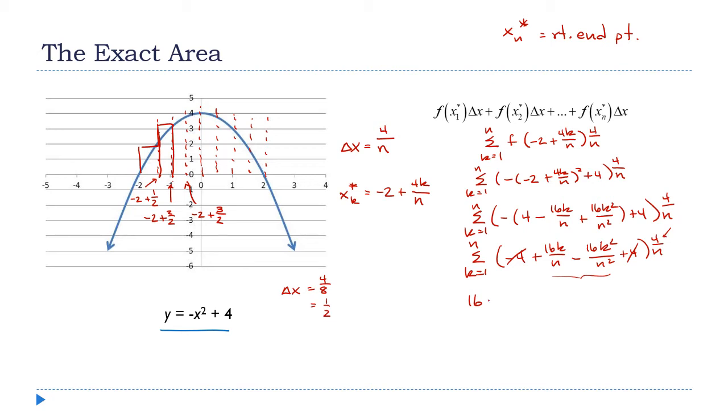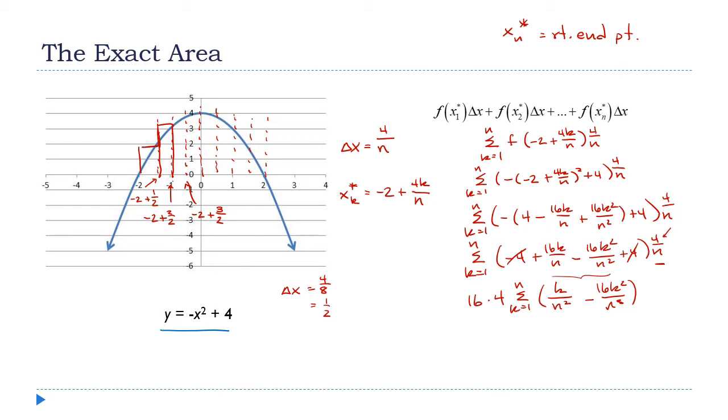So this is 16 times 4, sum k equals 1 to n of, and let's distribute that n into the parentheses: k over n squared minus k squared over n cubed.